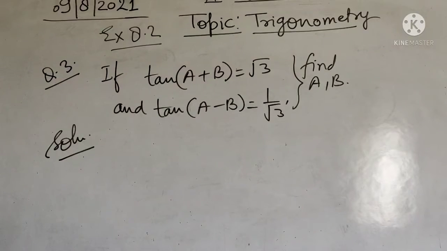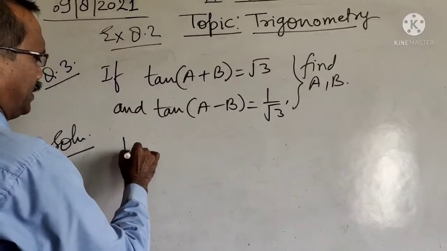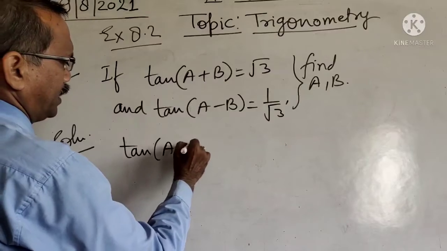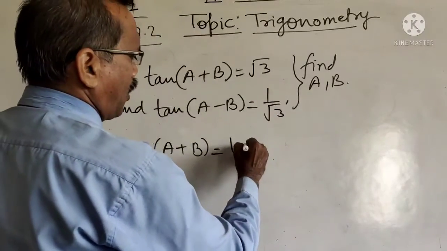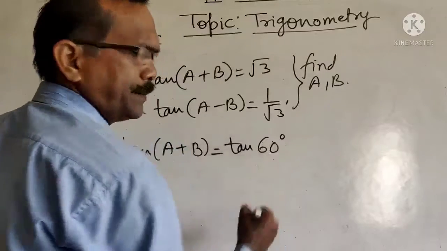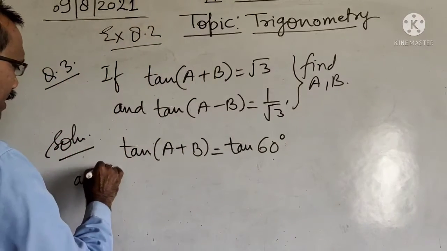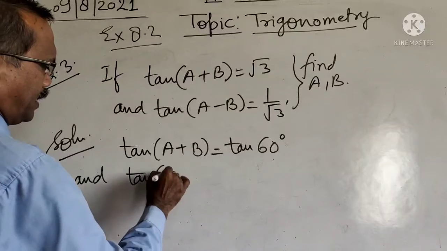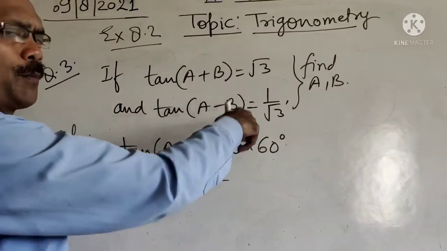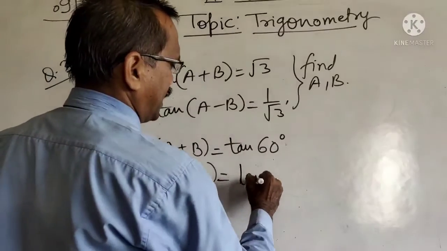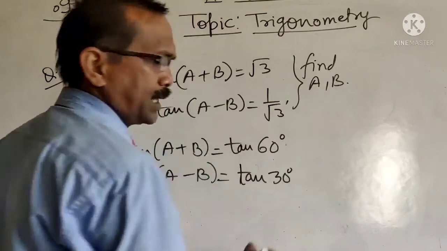Dear student, tan(A plus B) is given as root 3. It is the value of tan 60 degree, and tan(A minus B) is 1 upon root 3. So it is tan 30 degree.